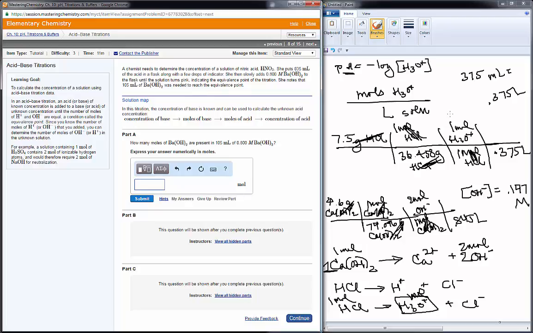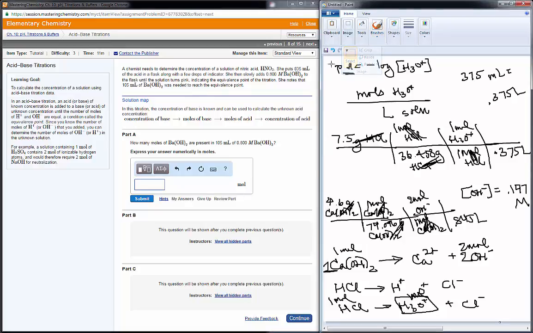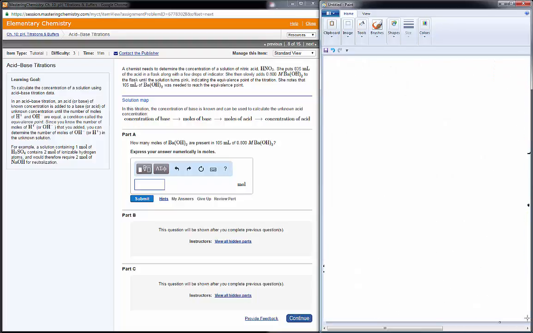So what we're going to do here is a reaction between the acid and the base, where we use what we know about the concentration of the base to deduce the concentration of the acid. Here's what our equation is going to look like. My HNO3 reacts with my barium hydroxide, acid plus the base.